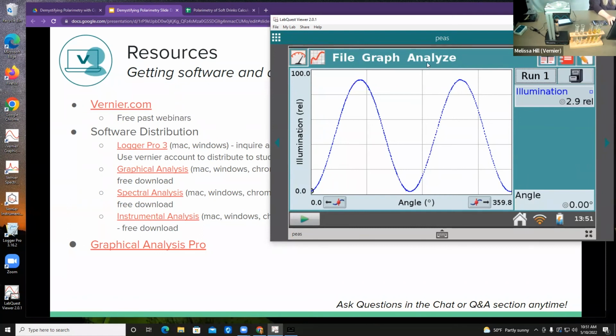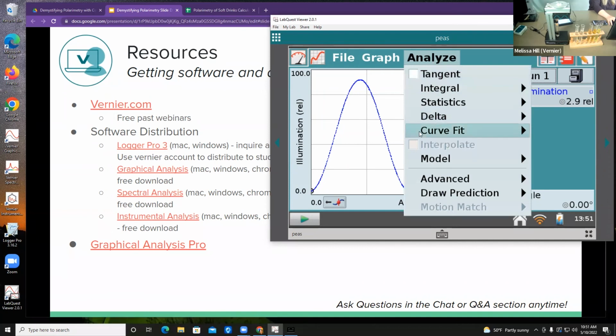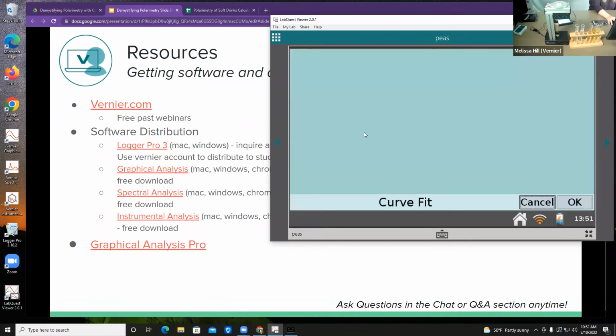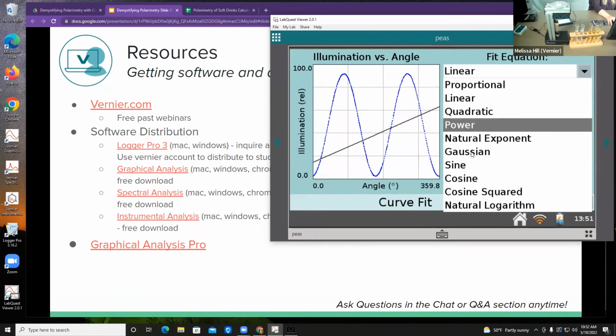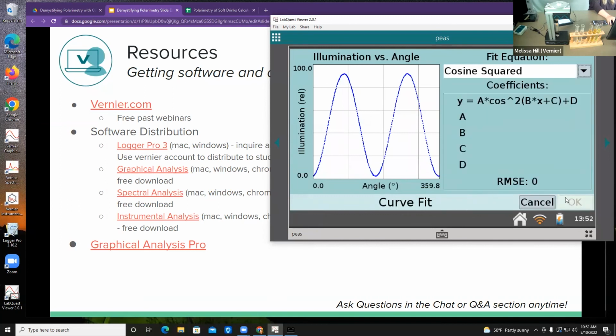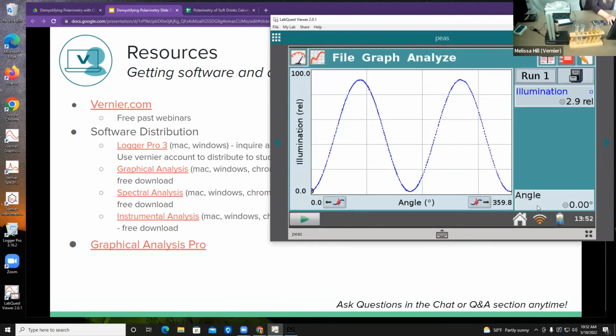And so your peak will go through, do a curve fit for water, cosine squared. And see, it's still not quite on 90, but anyways, that's the main difference: you have to find your water peak first.